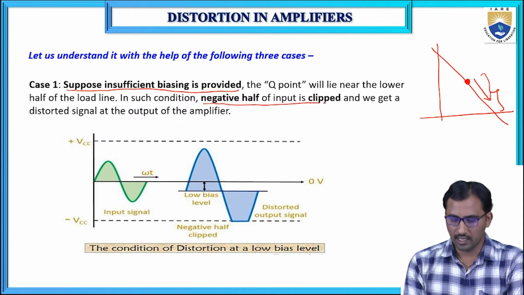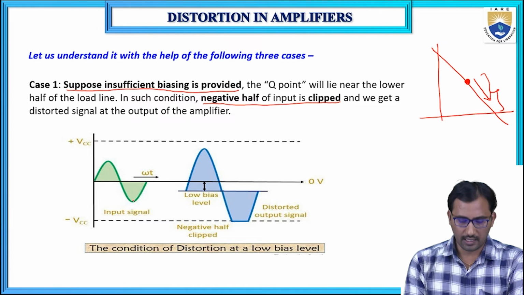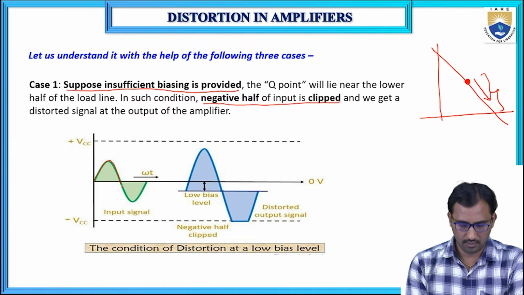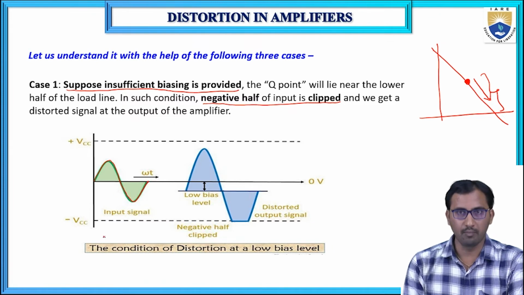Because of that, the negative half of the input is clipped, and we get a distorted signal at the output of the amplifier. Here you can see the figure. The green color wave is the input waveform, and the blue color is the output signal. If the operating point is located at the center, then you will get the same shape output waveform.